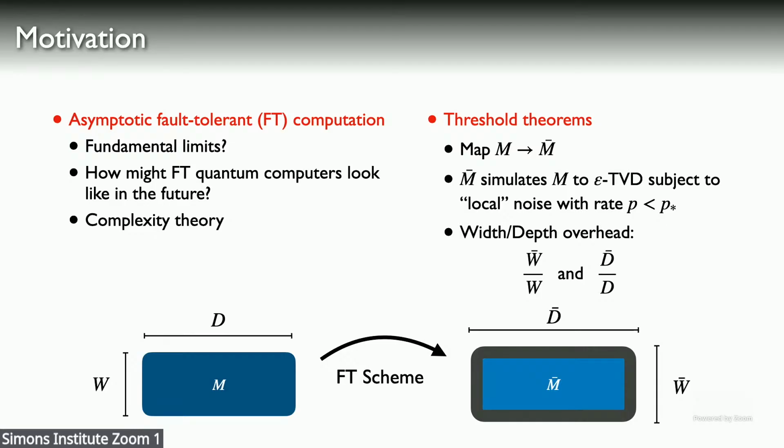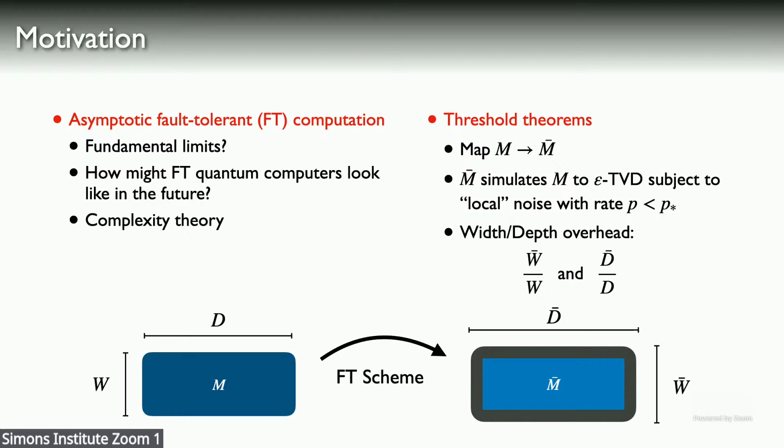So what we're going to be looking at is threshold theorems. The general idea is that we start with a circuit of some depth and some width, and our threshold theorem tells us how to map this to a new circuit of some new depth and some new width that, even in the presence of noise with some maximum rate, outputs the same output distribution up to some small error.